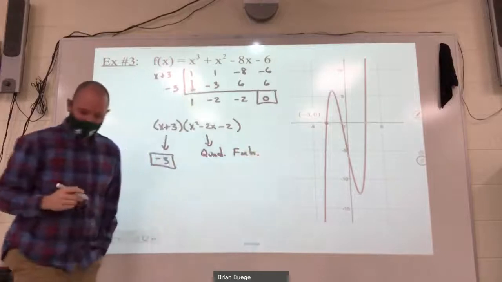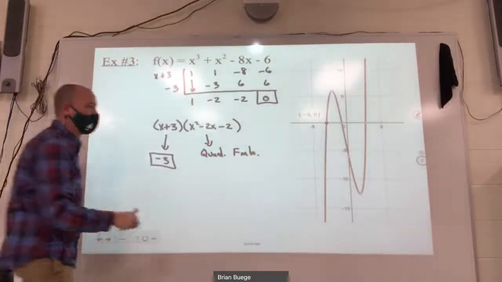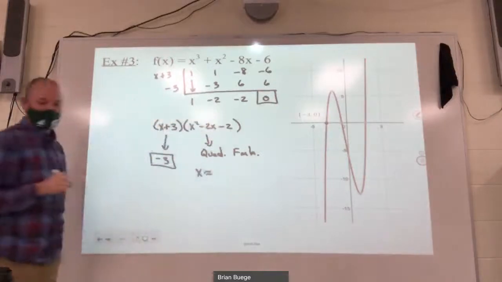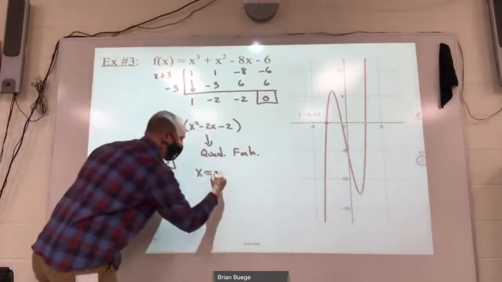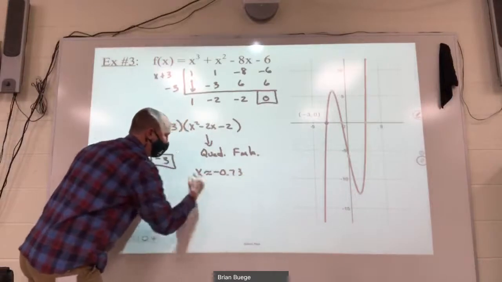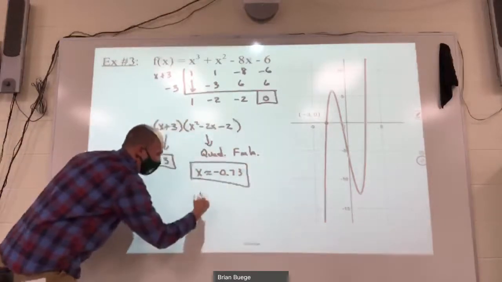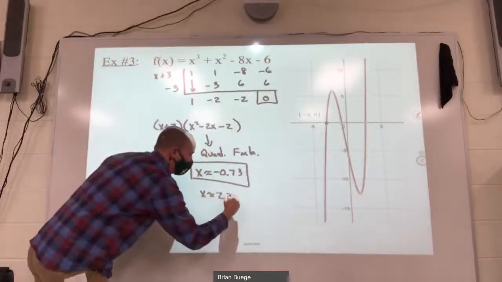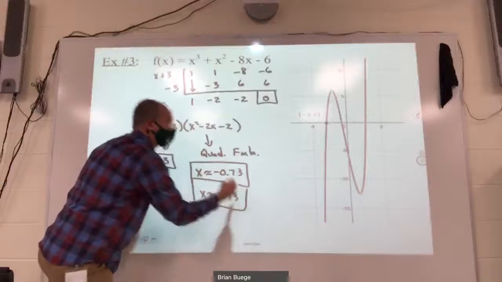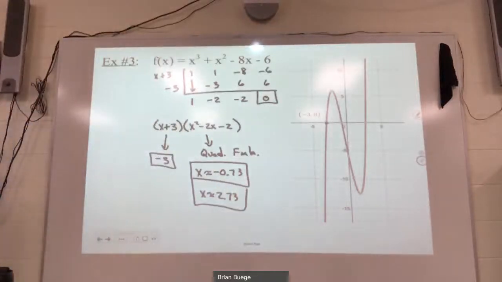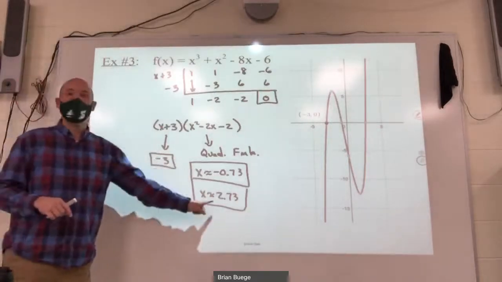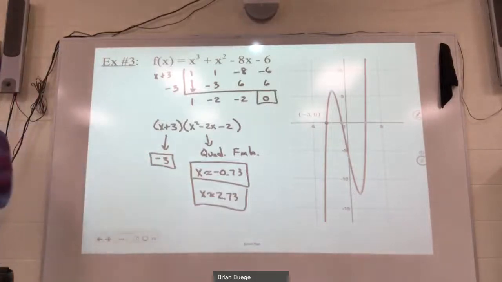And I stole this example from last year, and if I'm right on this one, I believe that your two other x-intercepts should be approximately -0.73 and approximately 2.73, coming from the quadratic formula. Okay? If you plug everything in and take the square root, there are your 3 real zeros. 2 of them are not very nice, but they're still real. They're still on the graph.